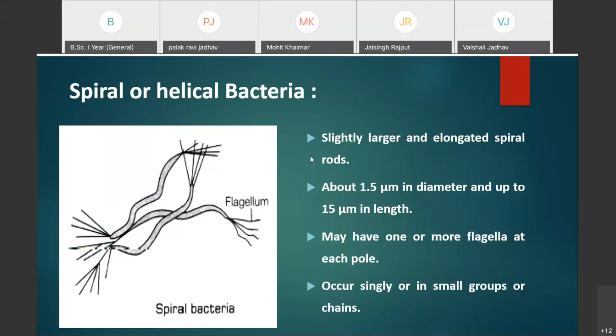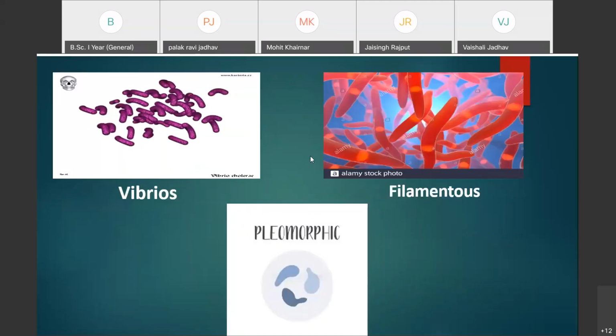Beside these three morphological forms, there are also certain other shapes of bacteria: the vibrios, the filamentous, and the pleomorphic. The three principal morphological forms are bacillus or rod-shaped bacteria, cocci or spherical bacteria, and spiral or helical bacteria.